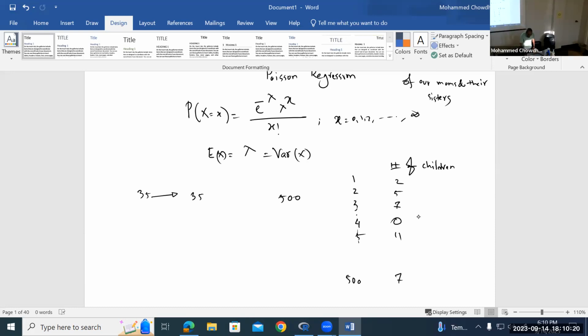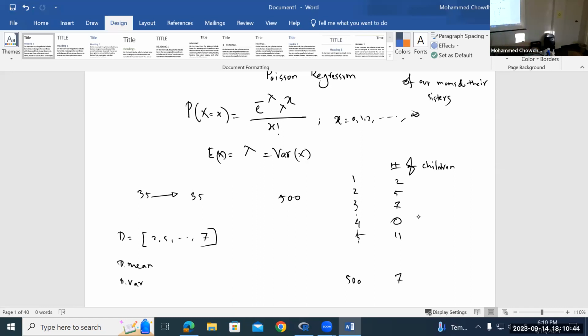So this number of children I can put in Python as data, 2, 5, and 7 up until all. And then I can find the mean of these. So d.mean and d.var in Python code. If we find these things, we will get the mean and variance, right?